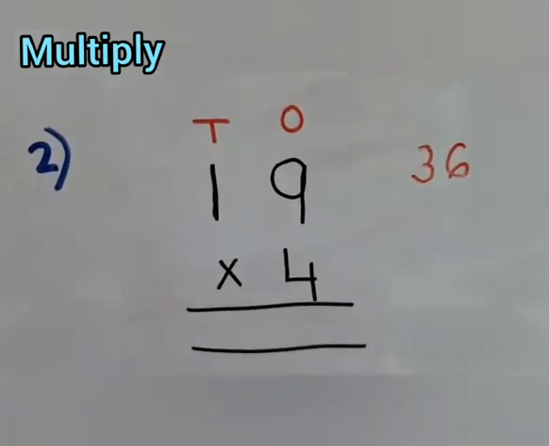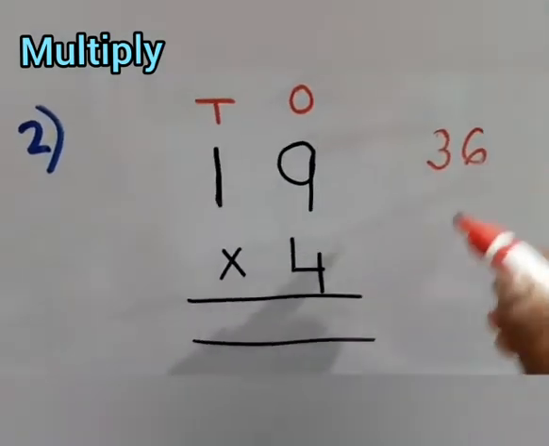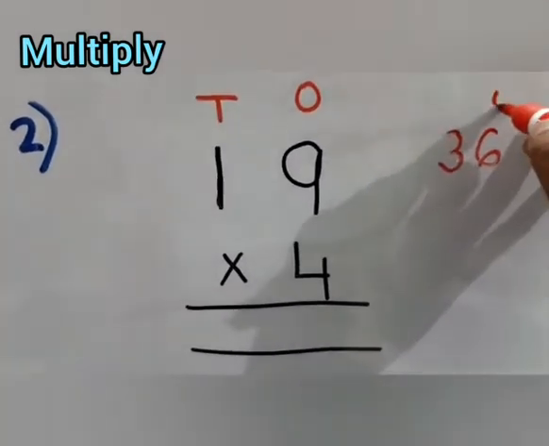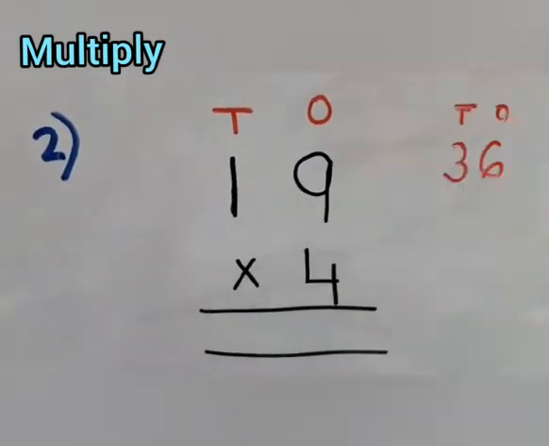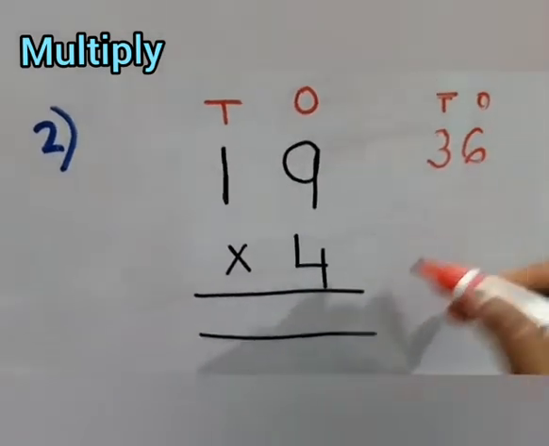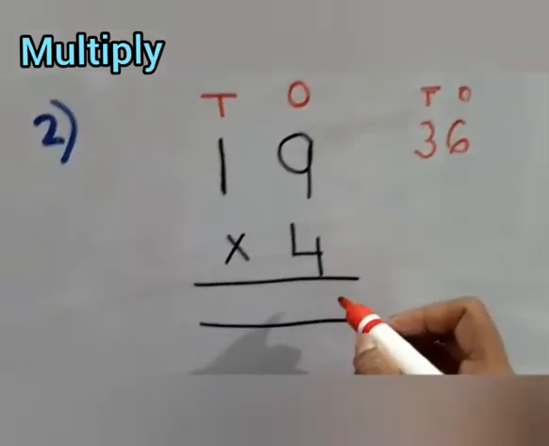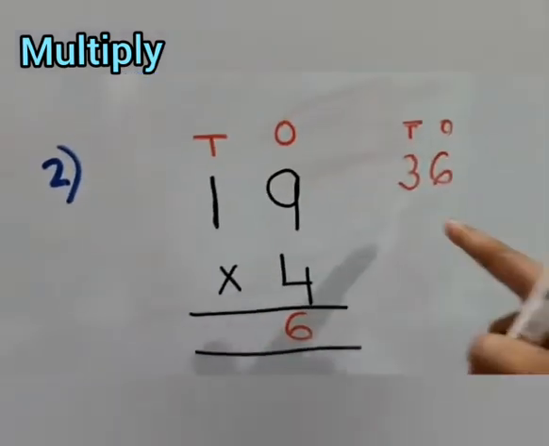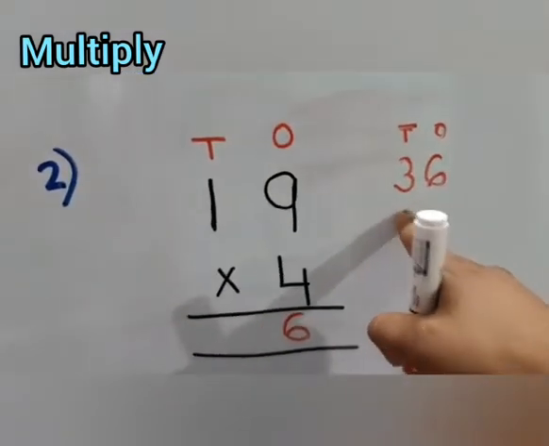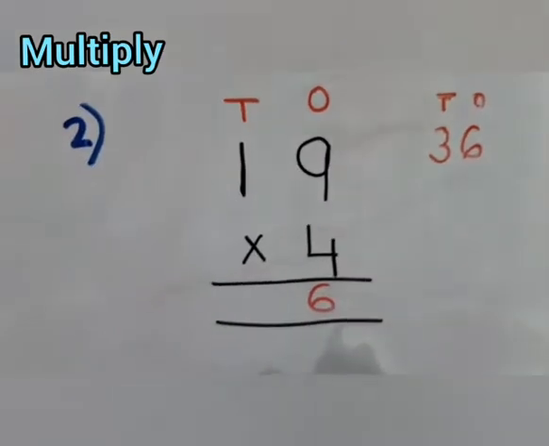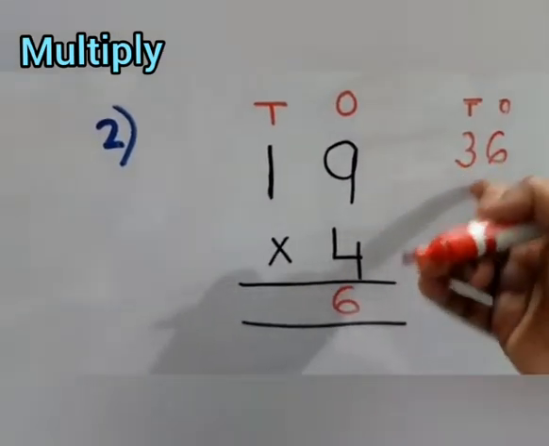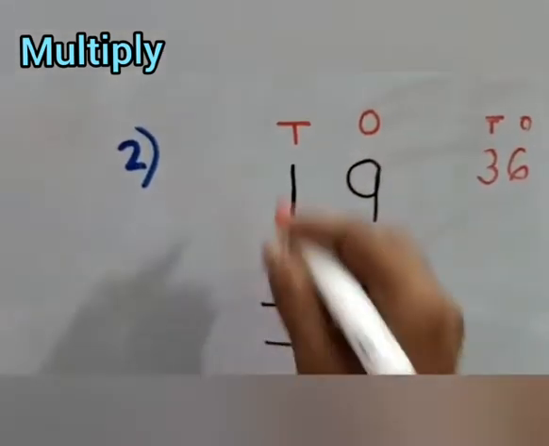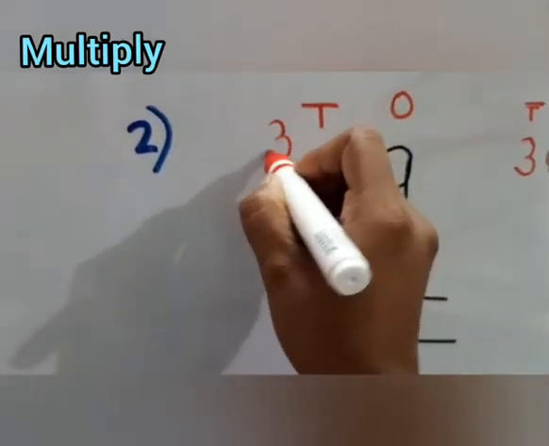Now what number we will write here? As we know, this is ones and tens. So which number we will write here? Yes, the ones digit number, that is 6. Then what is left? Tens digit number, which will be carried to, where it will be carried, student? Yes, it will be carried to tens place. So we will write 3 here.